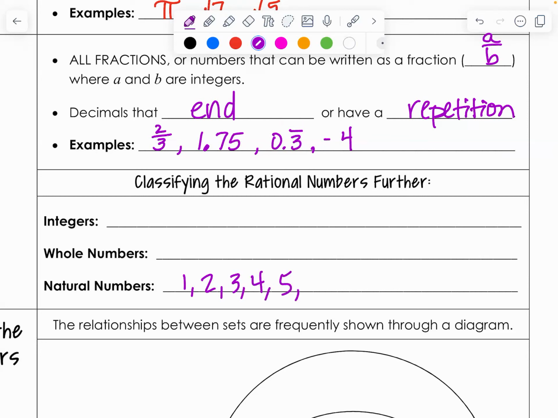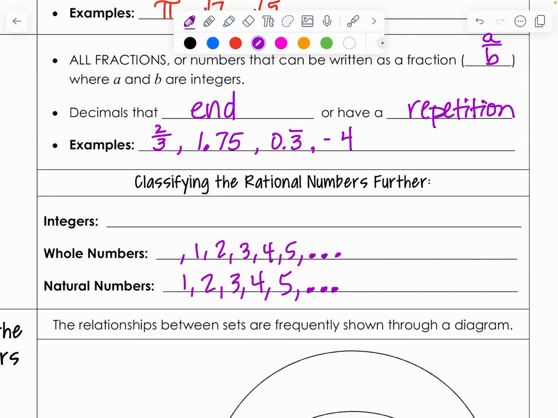I want you to write that down. Counting numbers are natural numbers. So 1, 2, and so on. It has to be positive. Now, whole numbers are all of the natural numbers, but we are going to put one more number in front.